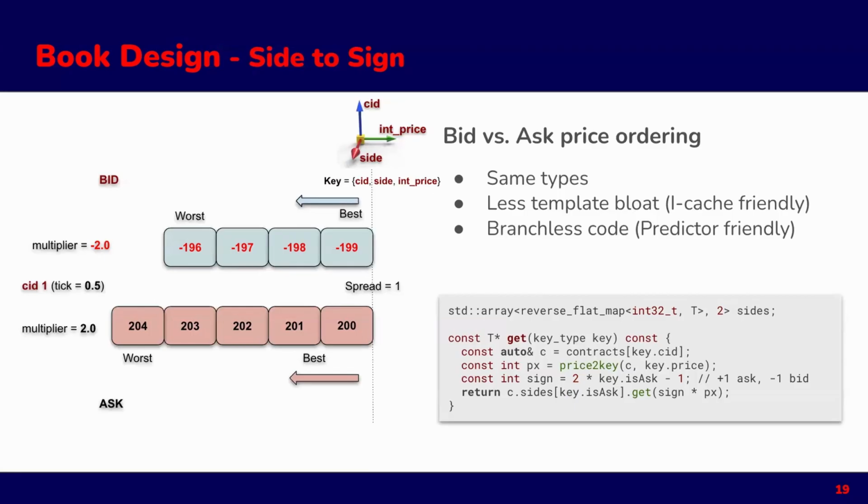We can store the implementations in an array of 2 items and use the Boolean as an index for looking up the proper side. So this way, the code is completely branchless, and also it's friendly for instruction cache, because we have just half of the generated code. There is no template bloat.